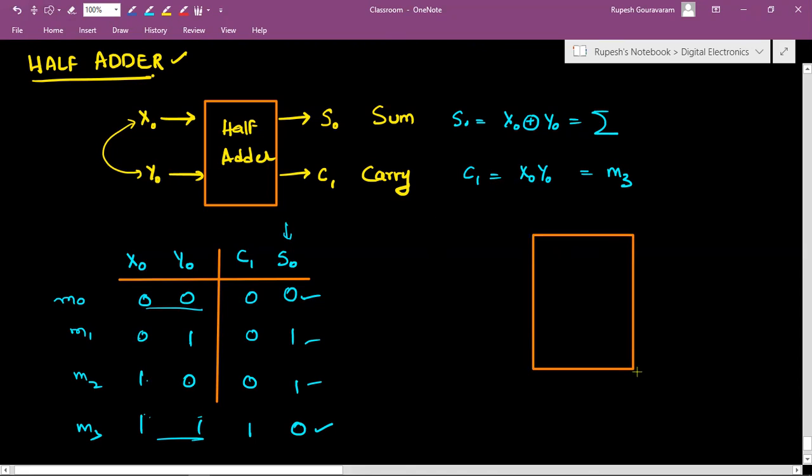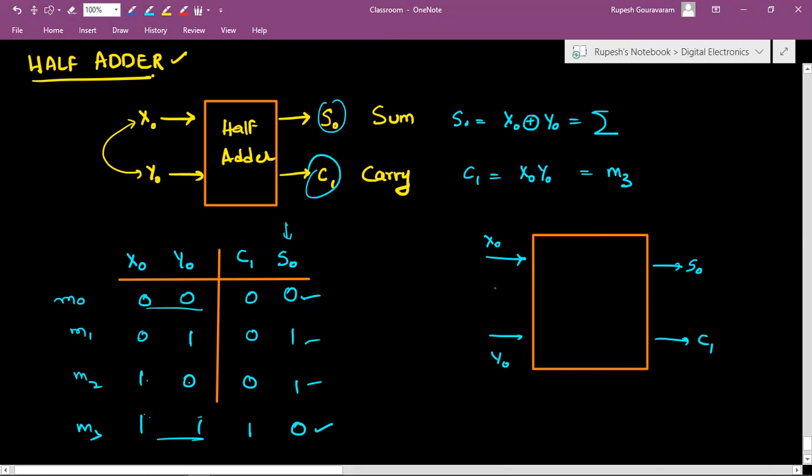Now what should this be made of? I have x0 and y0 as inputs, and S0 and C1 as outputs. For these two inputs x0, y0, if I want to get S0, I have to do XOR of x0 and y0. And for carry, an AND gate of x0 and y0.